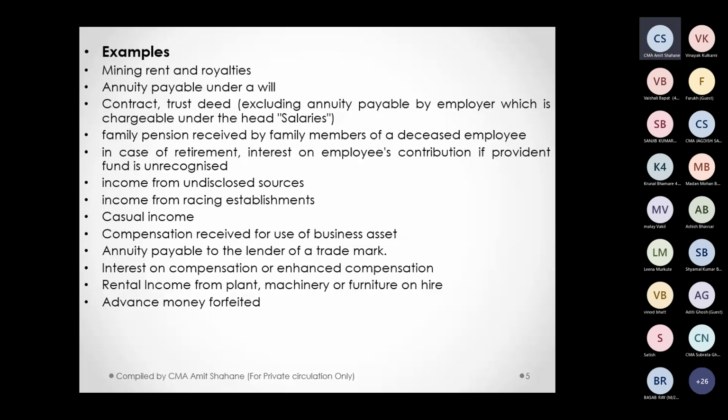Now what was the anomaly in this? Suppose I purchased a property 15 years back for say 5 lakh rupees. Today I am receiving the advance money, and that advance money forfeited is 1 lakh rupees. So the earlier provision was this 1 lakh rupees used to get deducted from that 5 lakh rupees. But what was the anomaly?